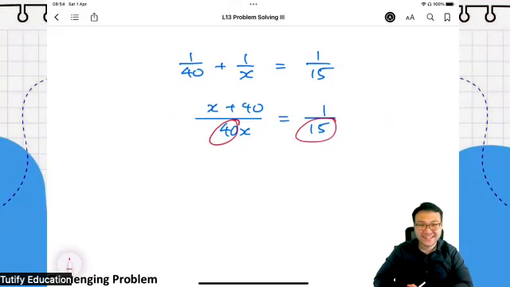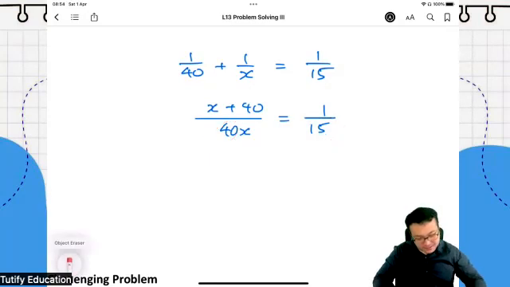Do you know, Kevin? Do you know the LCM, lowest common multiple, of 40 and 15? 120. 120. Okay, you times 120 on both sides. You divide by 40, you get 3.